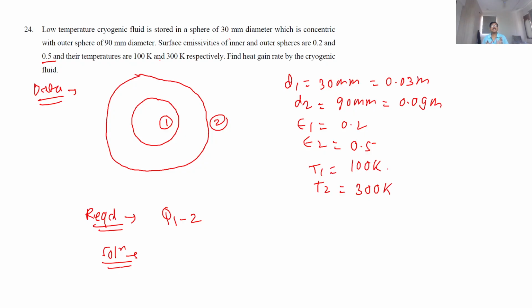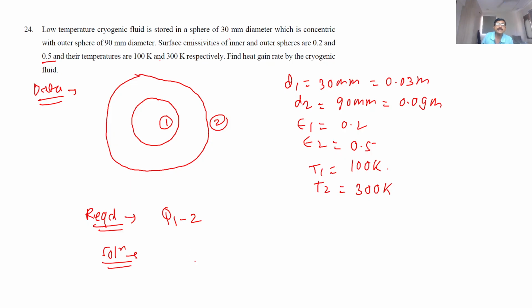Now, what is the formula? Just recall the formula. One body is enclosed by another body. Here, one sphere is enclosed by another sphere, meaning one is the inside sphere and the other is the outside sphere. Innermost is numbered as 1 and outermost is numbered as 2.